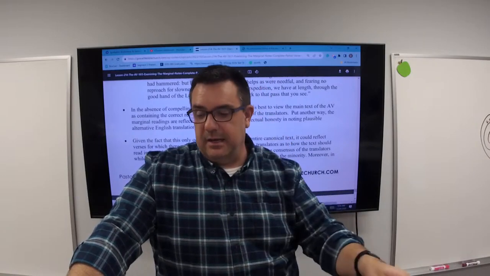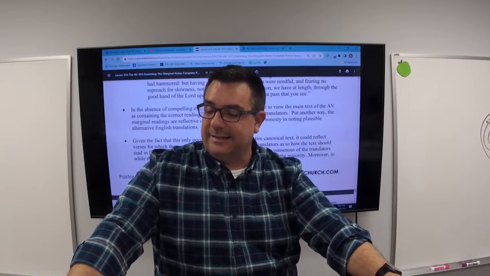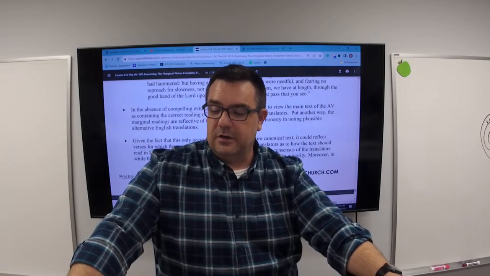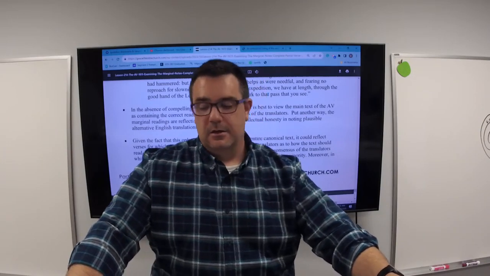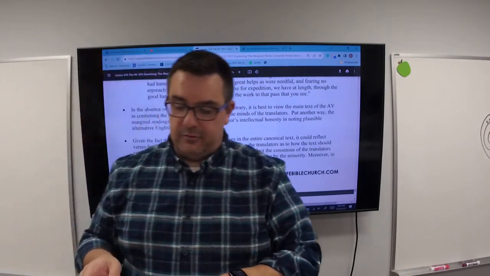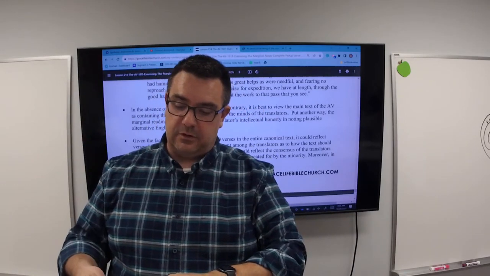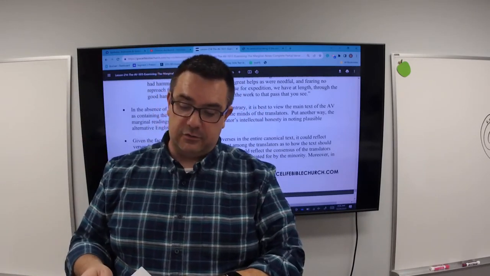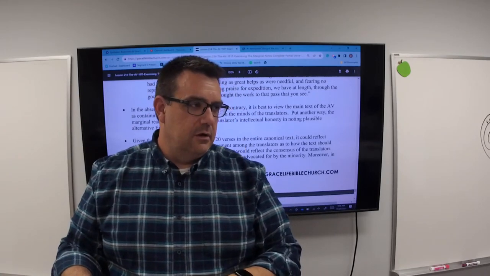While there is admittedly a certain amount of speculation in this analysis, what is clear is that the translators use the margin to, quote, show their work. So in the next lesson, we'll be looking at another of the remaining two categories of marginal notes that we did not have time or space to cover in this lesson, and that's textual variants and alternative textual readings.